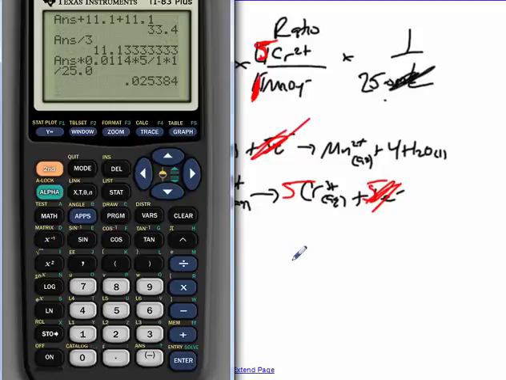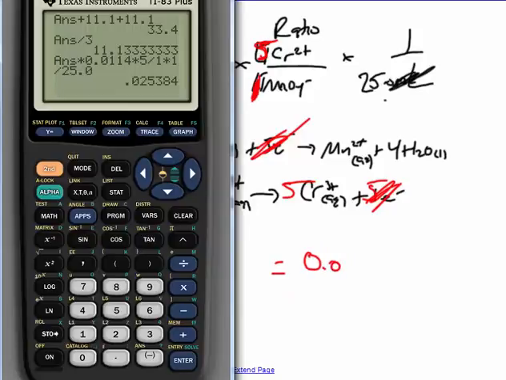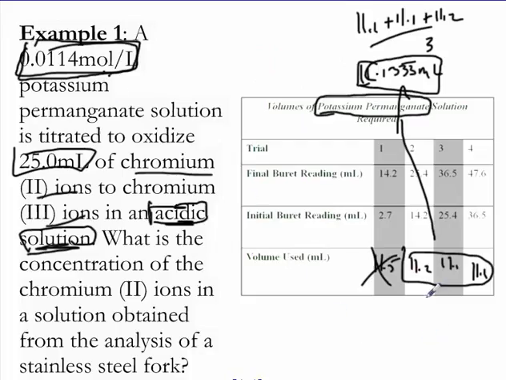Here's our answer. Our concentration is 0.025384 moles per liter. I've got to check my sig digs here.